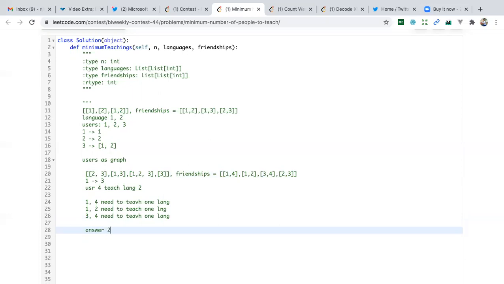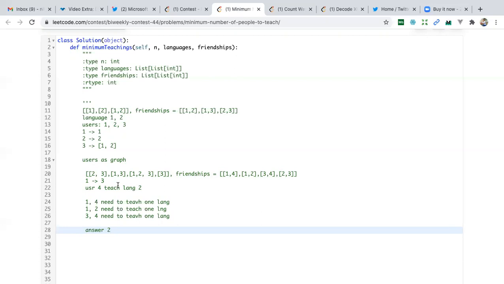Answer should be 2. Okay, so what we can think is, okay, good question, really good question. So what we can think is 1, 4, 1, 2, 3, 4, 2, 3. So can we use the connected components concept?